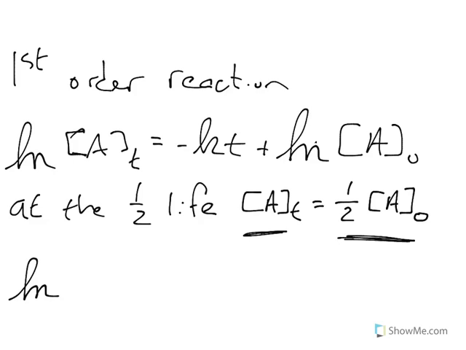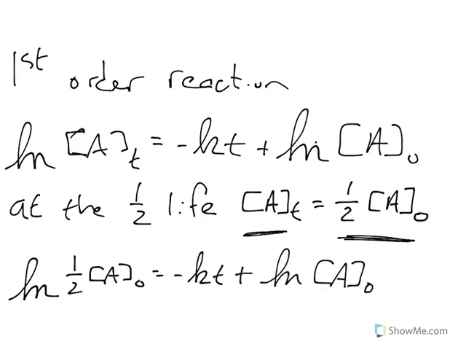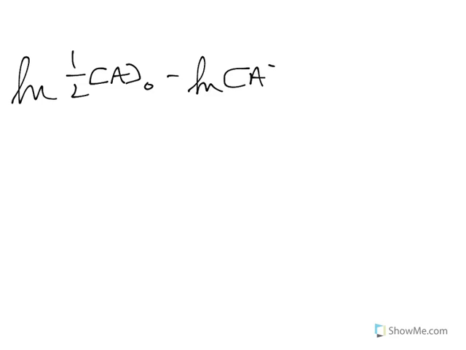So the ln of 1/2 A0 is equal to minus kt plus the ln of A0. I'm going to move the ln of A0 to the left-hand side by subtracting this term from both sides. So we have the ln of 1/2 A0 minus the ln of A0 equals minus kt.